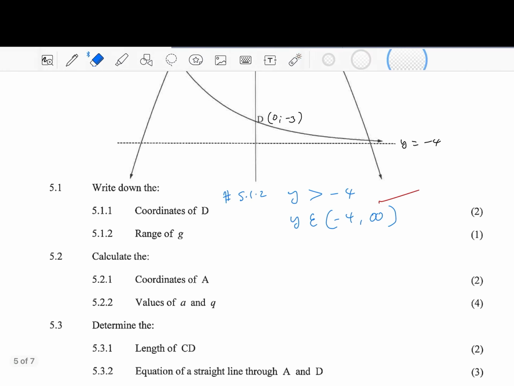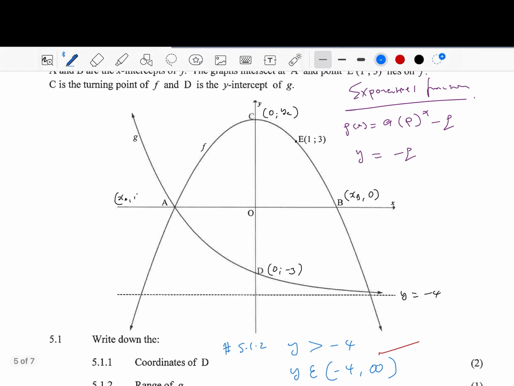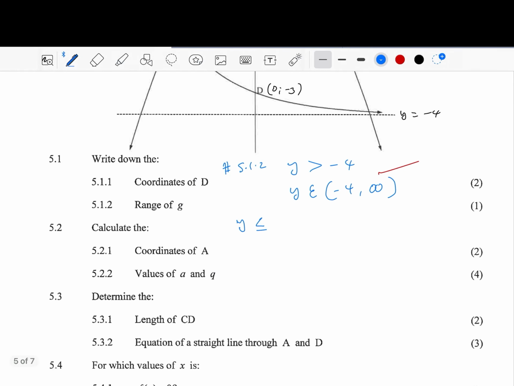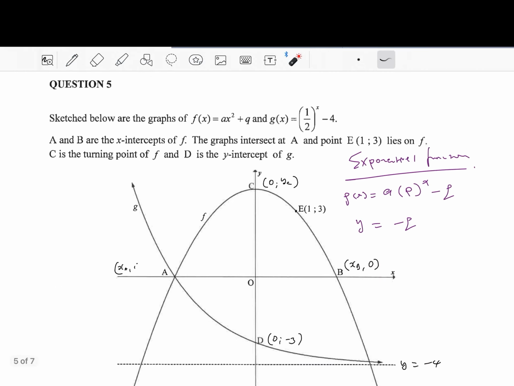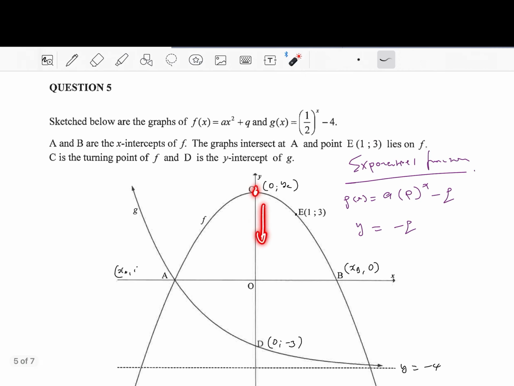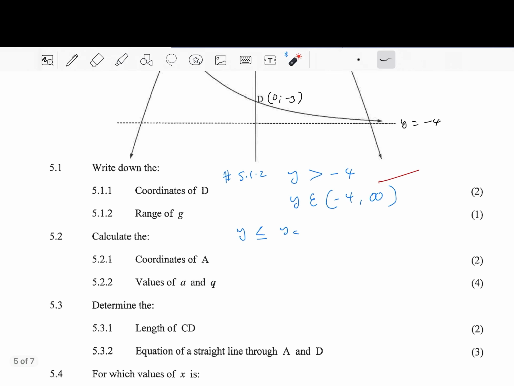So the range of this will be y is less than or equal to the turning point, so the y value of c. And you see, I say equal to because it touches the turning point and it goes down. So the y value of c.